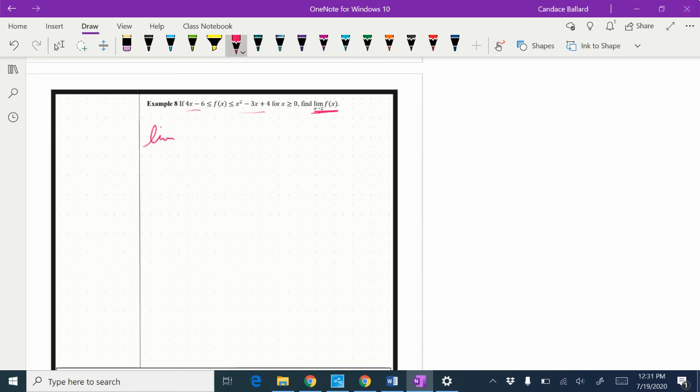Whatever I do to one thing, I have to do to the rest. The limit as x approaches 2 of 4x minus 6 is less than or equal to the limit as x approaches 2 of f of x, which is less than or equal to the limit as x approaches 2 of x squared minus 3x plus 4.